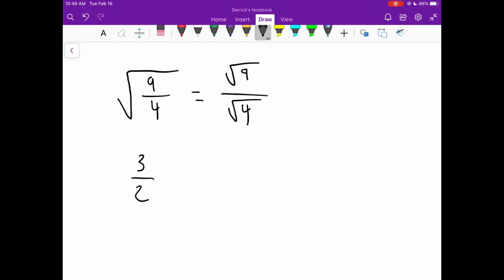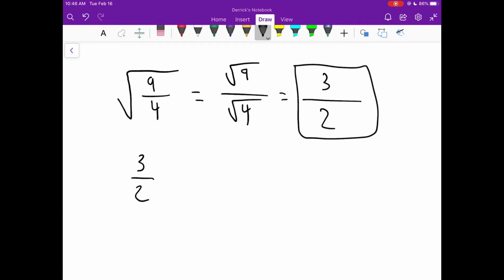Then it's not such a big problem because you know that the square root of 9 is 3, and you know that the square root of 4 is 2. And then you just copy over the fraction bar and you've got your answer, right? 3/2 is the answer. So you don't have to use a calculator that way. That's when the quotient property, or when these properties of radicals in general, can become very useful.